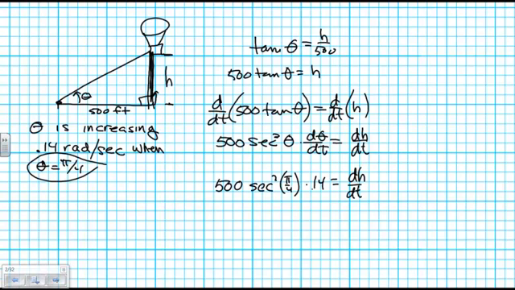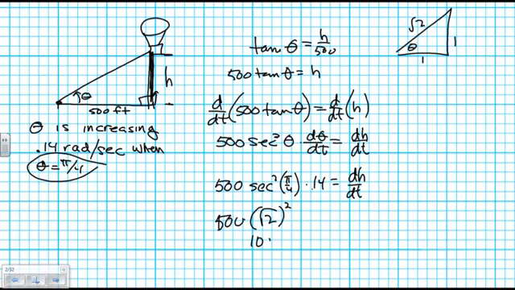What is 500 times secant squared pi over 4? I bet I can do secant squared pi over 4. 1 over root 2. Secant is going to be hypotenuse over adjacent. That's going to be root 2 squared. Root 2 squared is 2.